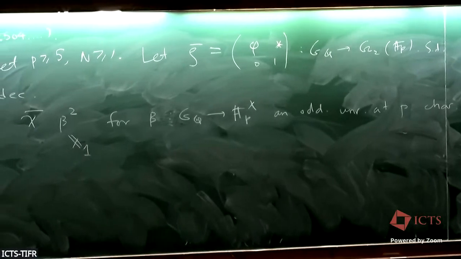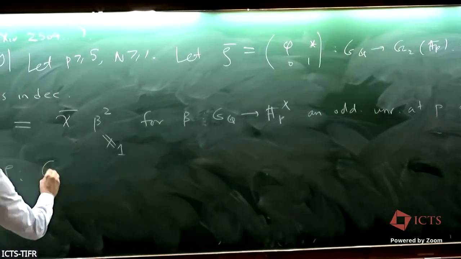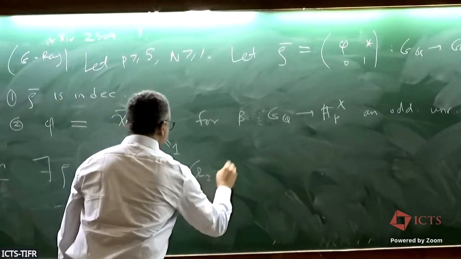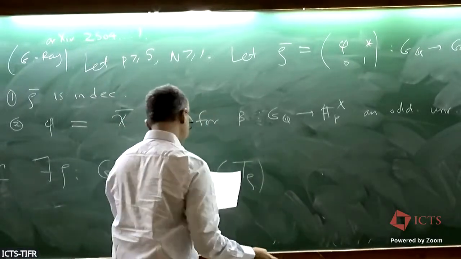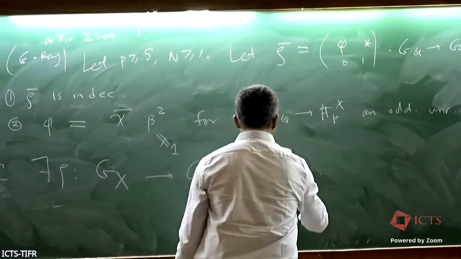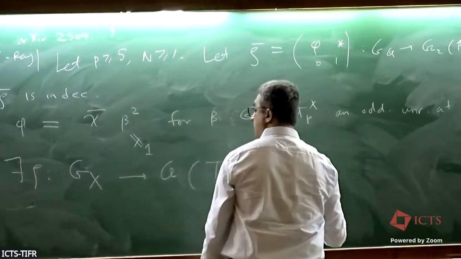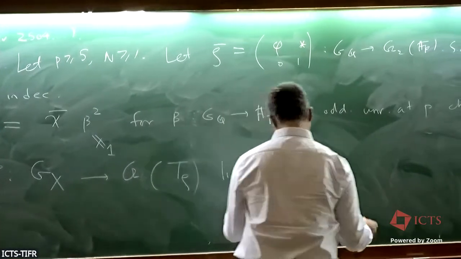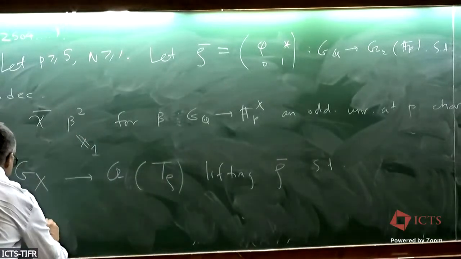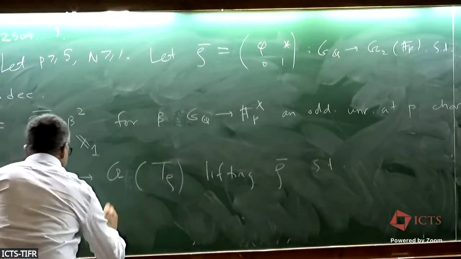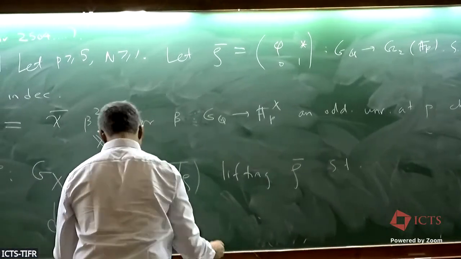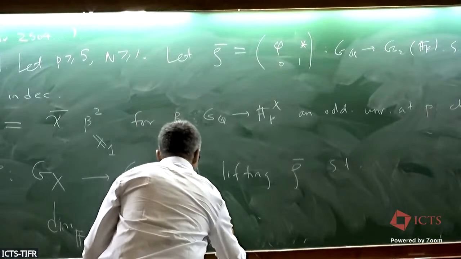there exists a lift, now I'll start specifying the set of primes of ramification, rho, lifting rho bar, such that the dimension of the Selmer group has the same conclusion, but for A prime this time.